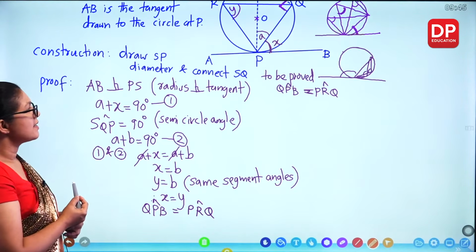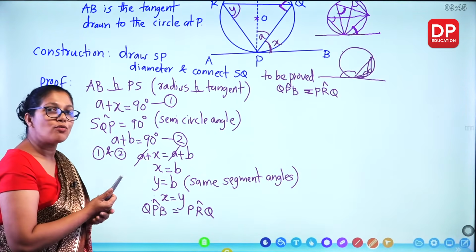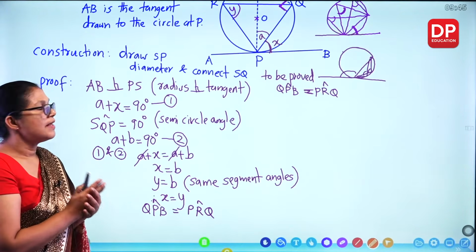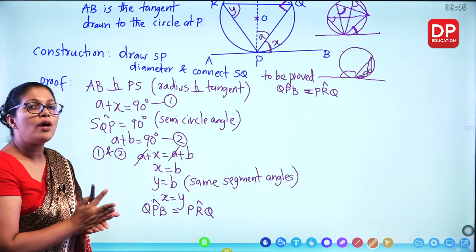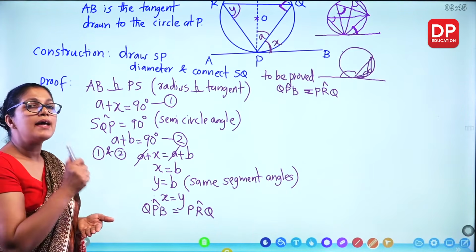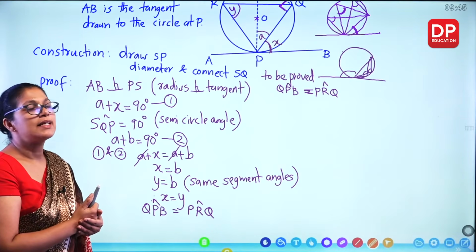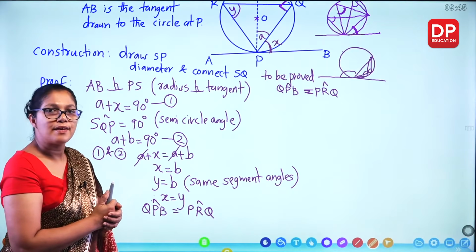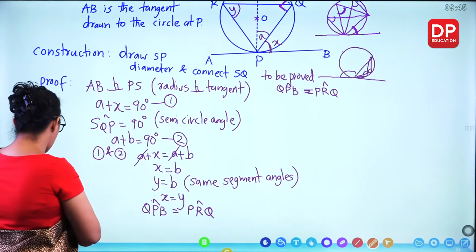So these two angles are equal. So according to the alternate segment theorem, what is that? The angle between the chord and the tangent is equal to the angle in the alternate segment. Now we'll try to apply this theorem in exercises and examples.